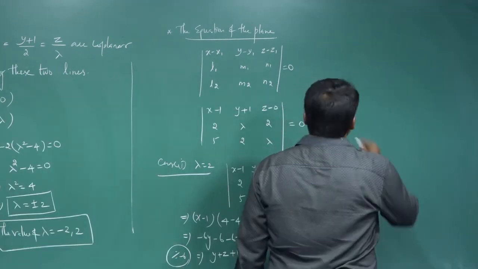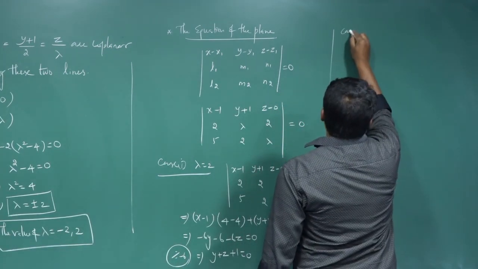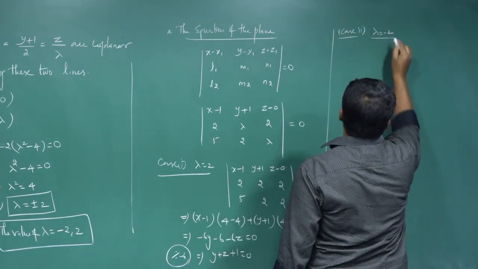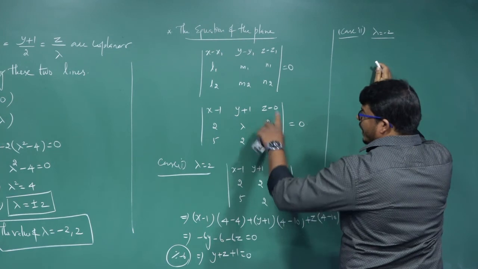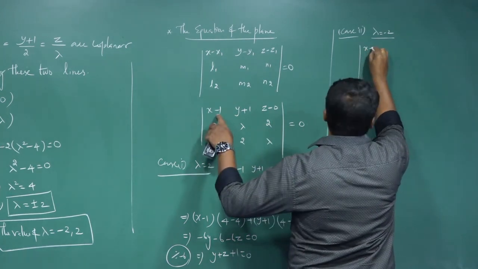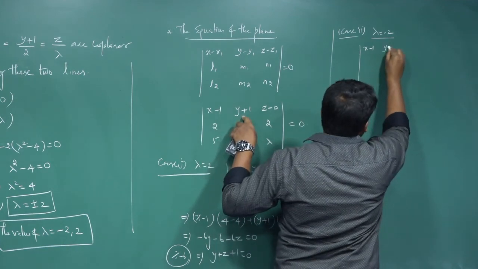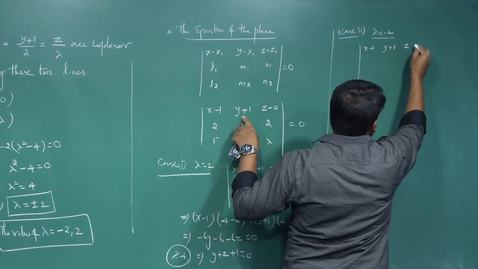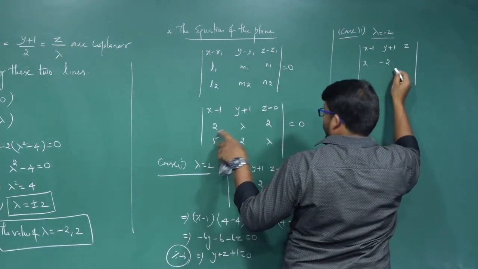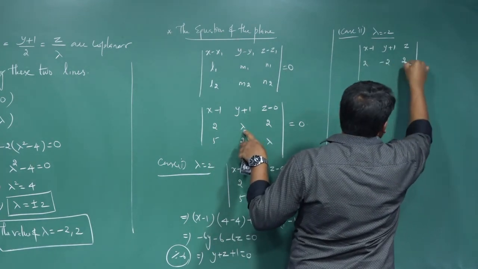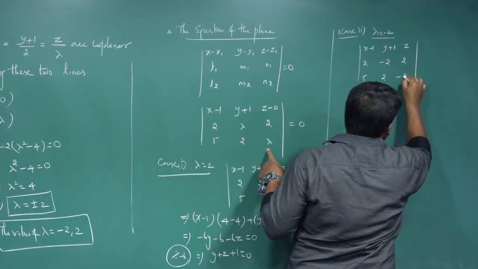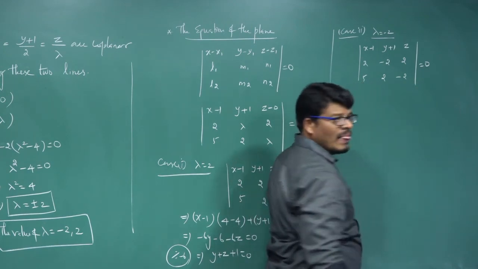And case 2: put lambda equal to minus 2 and substitute in the determinant: x minus 1, y plus 1, z minus 0; 2, minus 2, 2; 5, 2, minus 2 equal to 0.